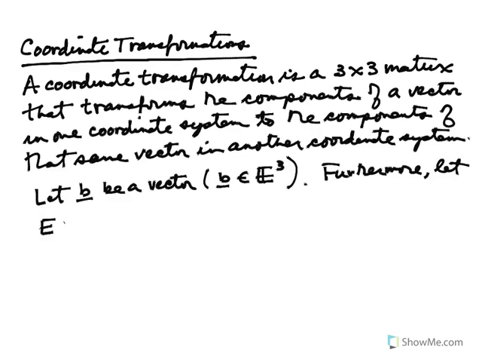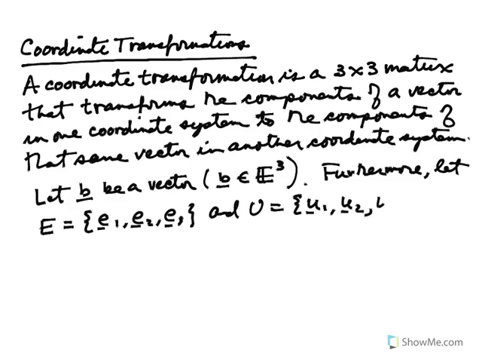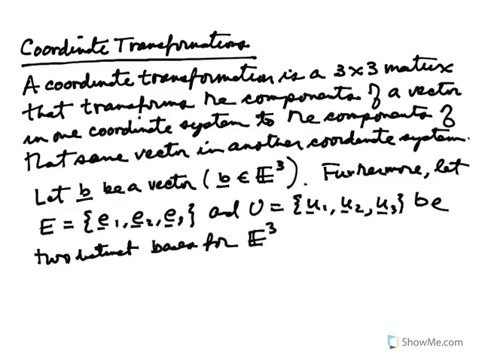Let E equal E1, E2, E3, and U equal U1, U2, U3 be two distinct bases for E3, which means basically that E is not equal to U. They're two distinct bases.